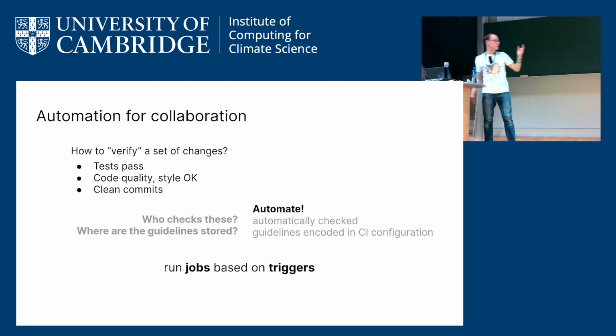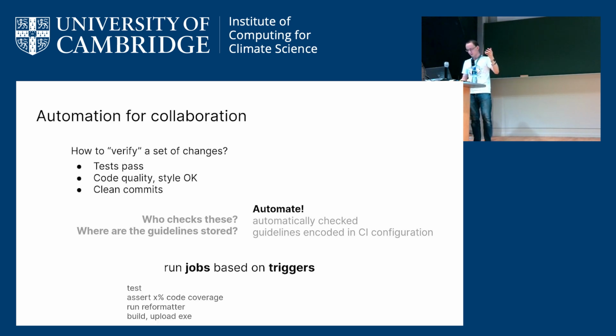So a common model for everything CI, for lots of different services that provide this automation of running things on code repositories, is that you run jobs over your repository based on triggers. A job could be anything from running a test suite.